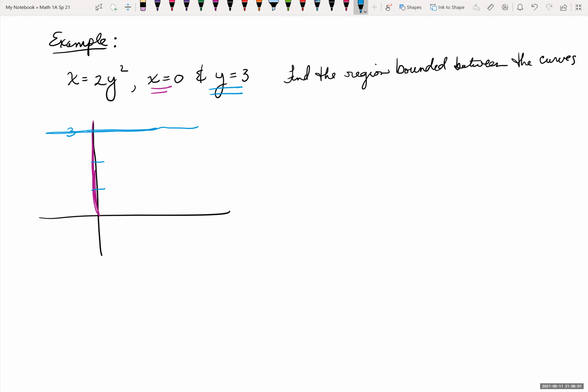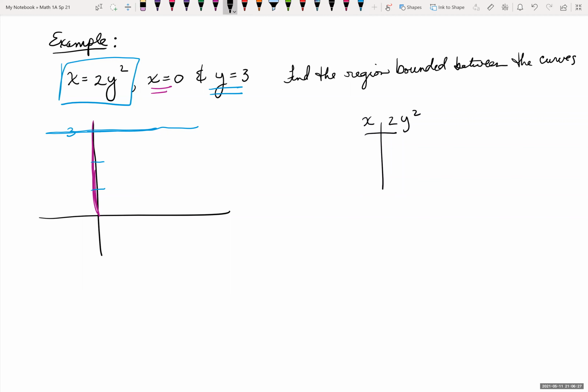So I can keep this in terms of y and maybe bound this, or we can change this in terms of x, and that's up to you. If we keep this in terms of y, plotting points is not going to be too bad. So let's plug in values for y.